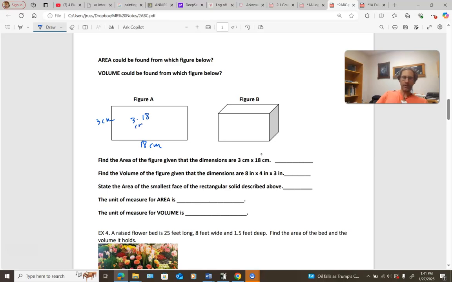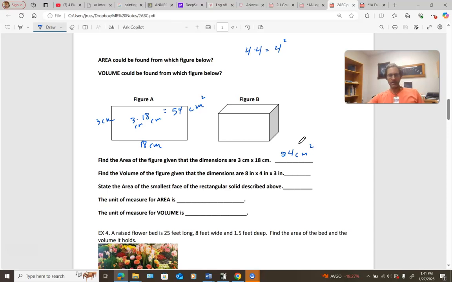Well, technically you're multiplying these 2 units as well. 3 times 18 is 54, but a centimeter times a centimeter is a square centimeter. Using exponents, just like you say 4 times 4 can be expressed exponentially by using an exponent of 2. So that's how we get that square unit. So anyway, 54 square centimeters. Now sometimes in your homework, in lieu of using a 2 in the exponent to describe a square unit, they'll literally use the word square.